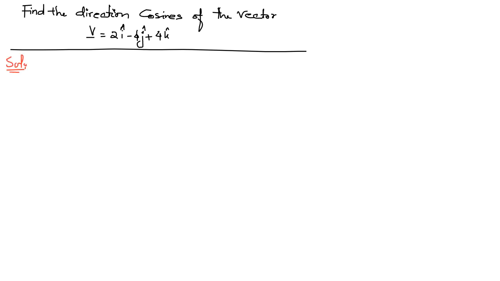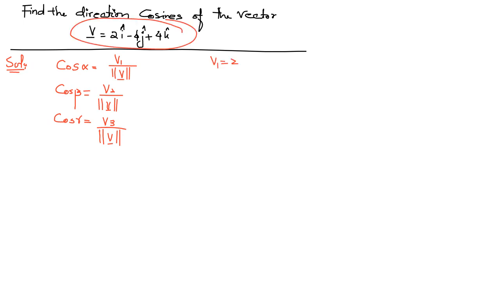We have a formula. For alpha, cosine of alpha is v1 divided by the magnitude of v. For beta, cosine of beta is v2 divided by the magnitude of v. Similarly cosine of gamma is v3 divided by the magnitude of v. In this v, v1 is 2, v2 is minus 4, v3 is 4.